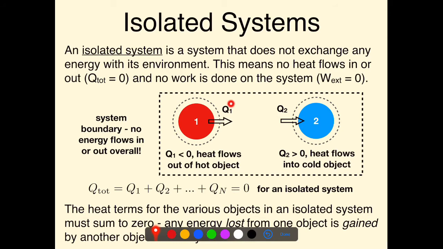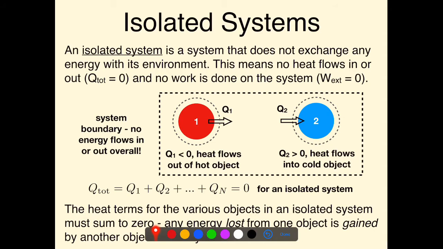So Q1 is negative, meaning heat is flowing out of object number 1. On the other hand, Q2 is positive because heat is flowing into object number 2. But if we draw a boundary around the system as a whole, like this, well, if the system is isolated, that means no heat is flowing in or out of that boundary, okay?